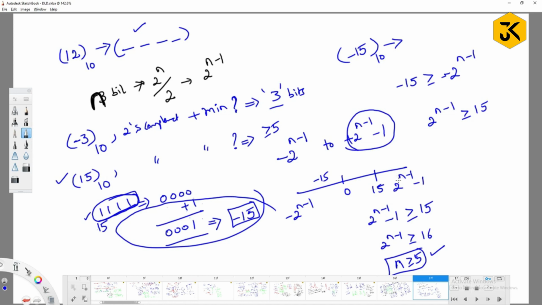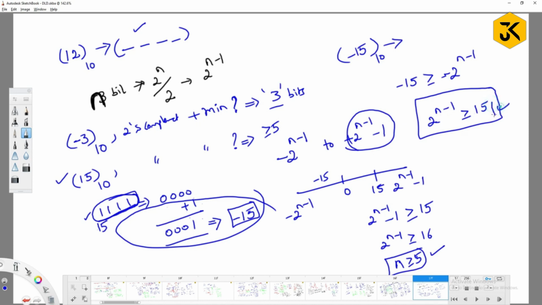So don't go with approximate values. Try to find the exact values so that you will get a clear idea. So how are we going to solve this one? If you take n value 4, is this equation going to be satisfied?